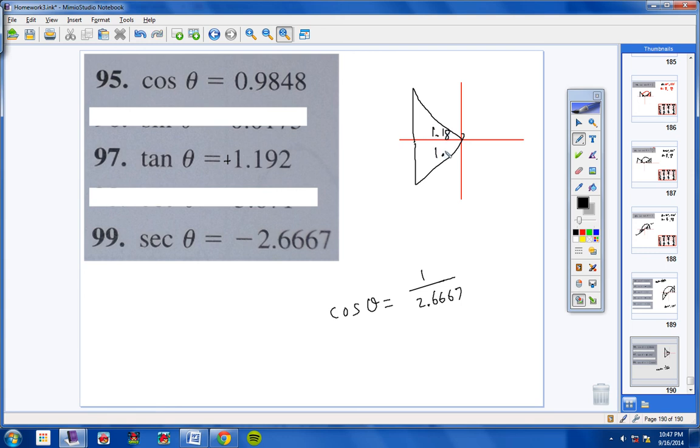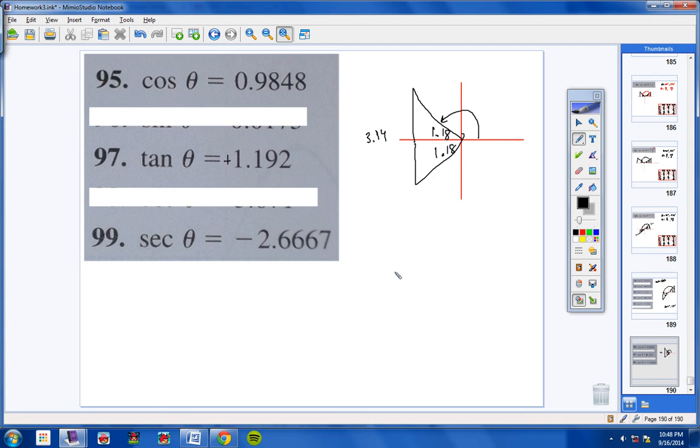Now, students, think about this. I'm going to start here and rotate to the hypotenuse. If I would have gone all the way to here, that would have been 3.14, okay? But I did not. I stopped 1.18 short. So I'm going to type in 3.14 minus 1.18, and I'm going to get 1.96.